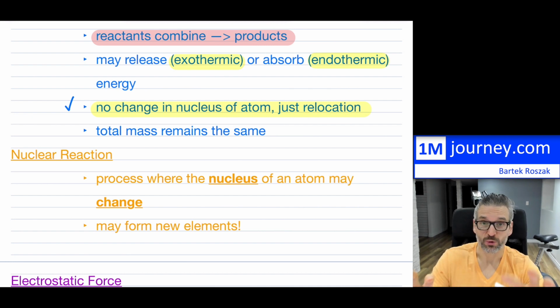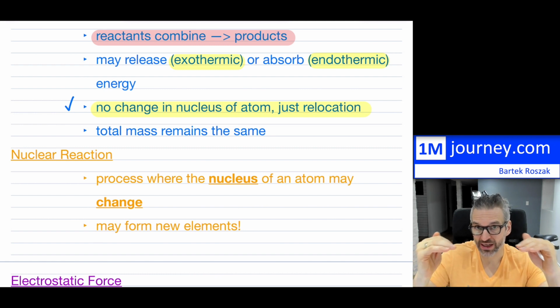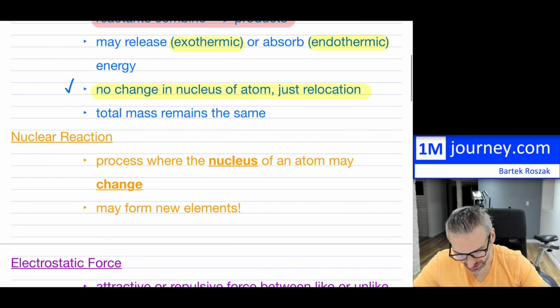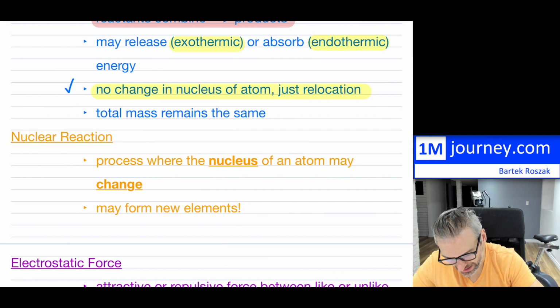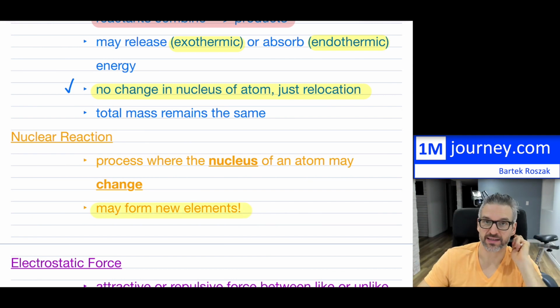But the key item between the chemical reaction and the nuclear reaction is that it is the process where the nucleus of an atom indeed might change. So we're going deeper into the nucleus and what is happening there. And the other component is that we're going to run into new elements coming out.